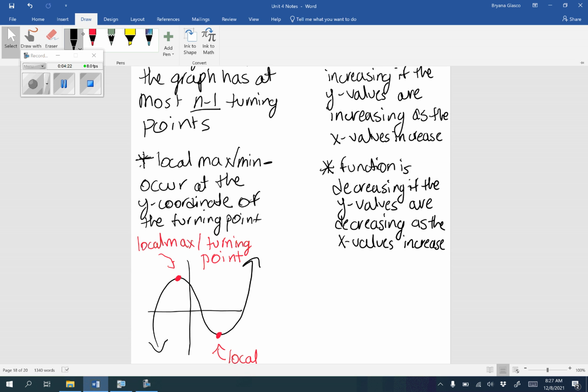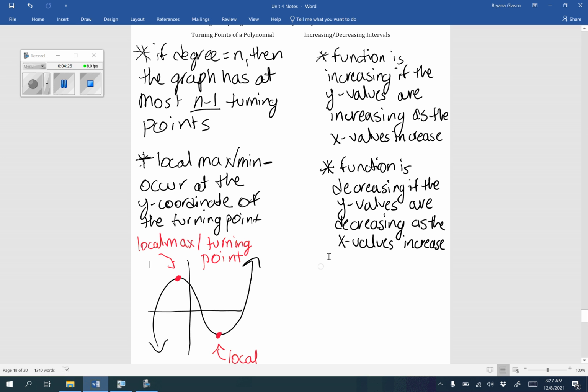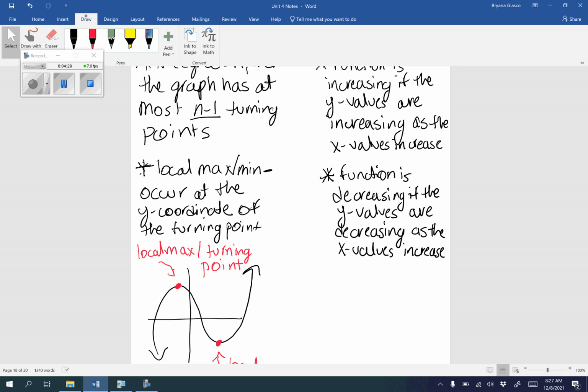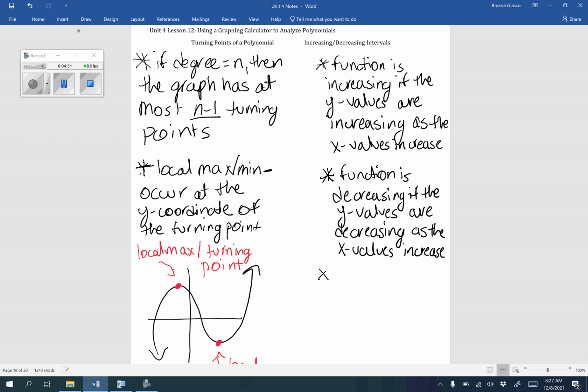Now, a function is neither increasing nor decreasing at the turning points.